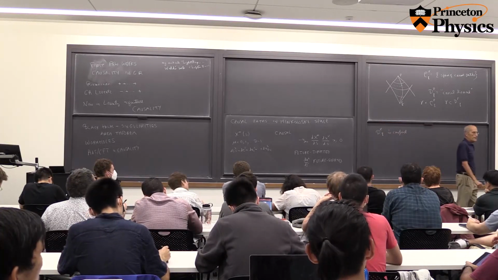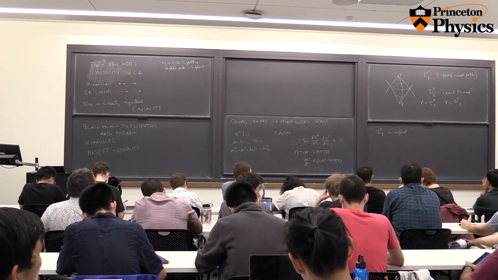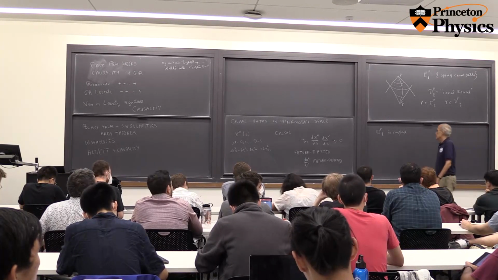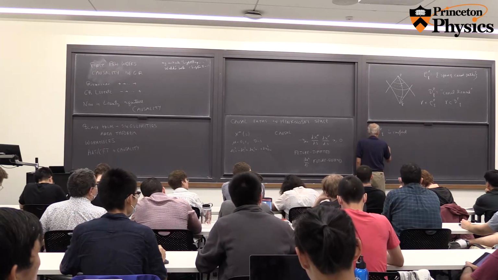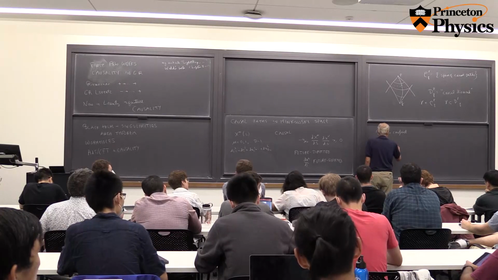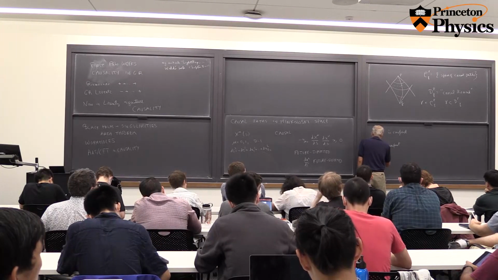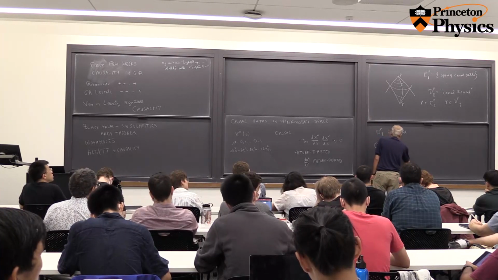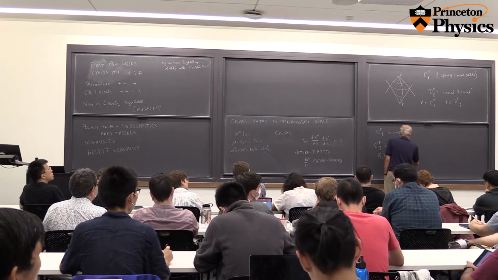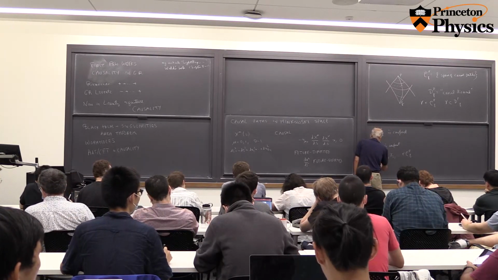So causal paths from Q to P can't get out of a compact set. But our first non-trivial result is going to be that the space of causal paths is compact, which means that if you have any sequence, it has a convergent subsequence.